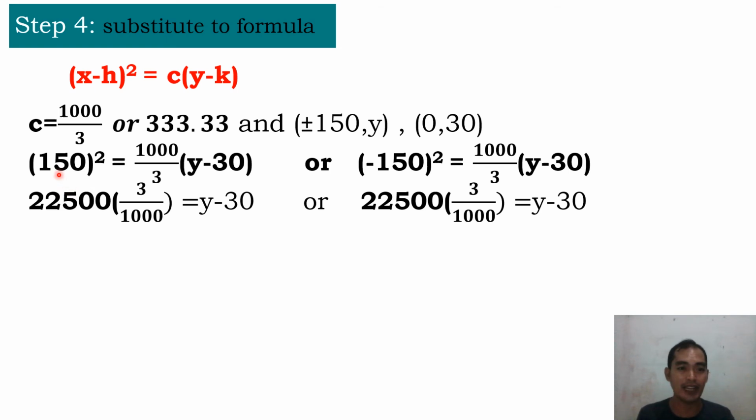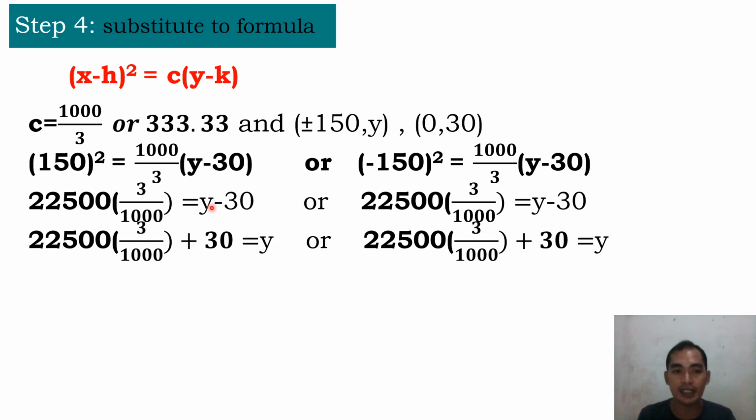When we simplify, 150 squared is 22,500. So, to change this to the other side is to multiply both sides by 3 over 1000. That is why this one is 3 over 1000, equals y minus 30. Same dito sa kabila. 22,500 times 3 over 1,000 equals y minus 30.